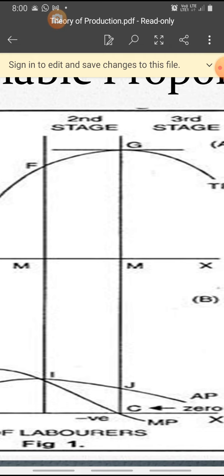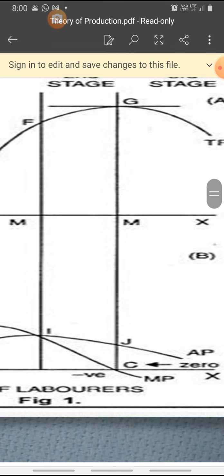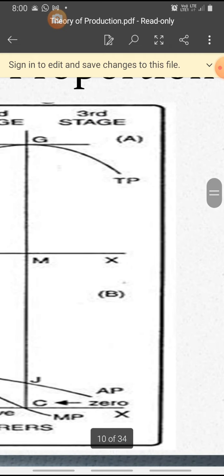Total product reaches its maximum point in the second stage, the point G, where marginal product is 0. Average product starts declining. Then in the third stage, total product is declining, marginal product is negative, and average product is declining.